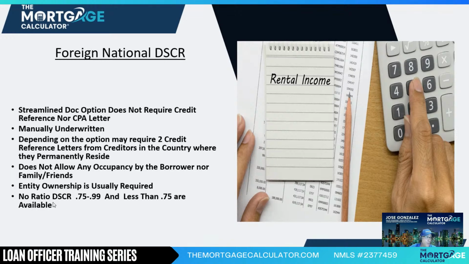And then real importantly there, we do have no ratio and low ratio DSCR options when the DSCR is 0.75 to 0.99. And when the DSCR is less than 0.75, we actually do have those options for foreign national borrowers. That's not very common out there. 99.9% of the foreign national loans out there on a DSCR loan option are going to require 1.0 minimum plus. We have options going 0.75 to 0.99 and below 0.75.